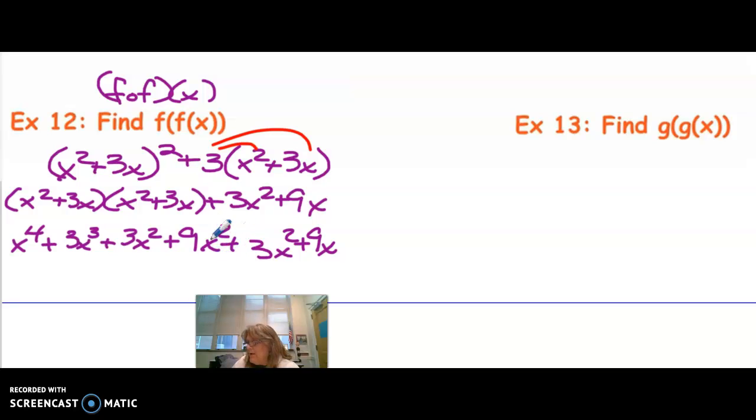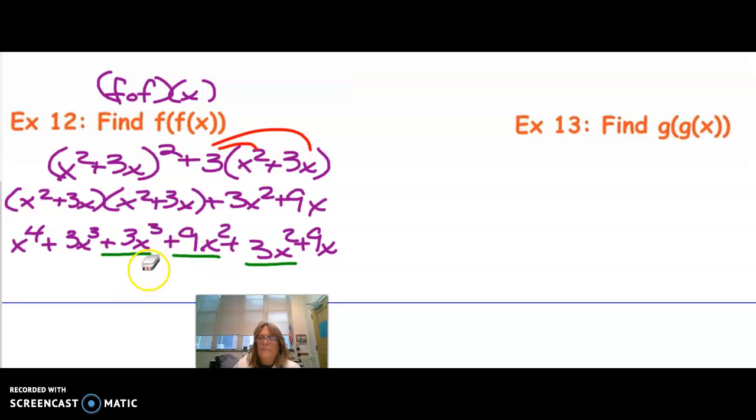Now that we have all of that written out, let's take a second and see if we can combine some like terms. I have 3, 9, and 3. Watch your mistake. Don't do what I did. This should be cubed.